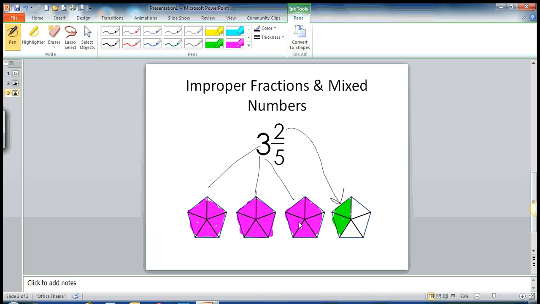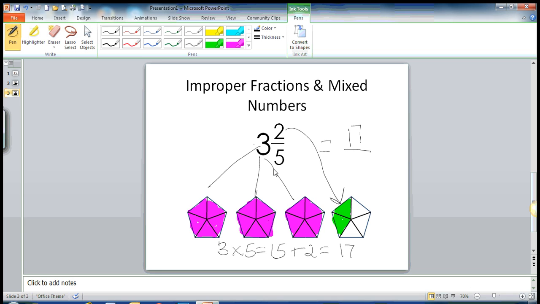I have 3 whole models shaded, and there are 5 pieces in each model. So I have 3 times 5, giving me 15. Then I have 2 extra pieces here, and that gives me a total of 17 pieces that are shaded.